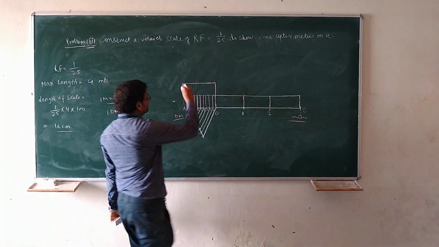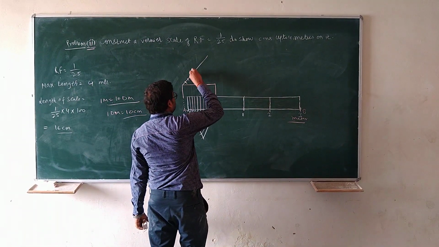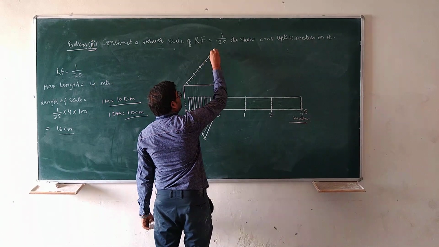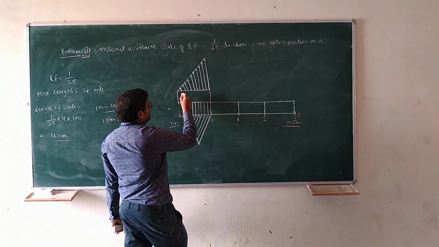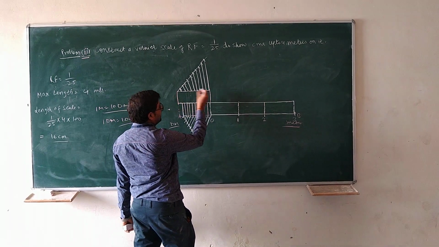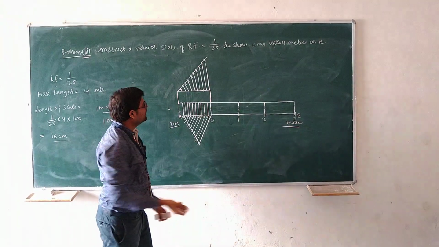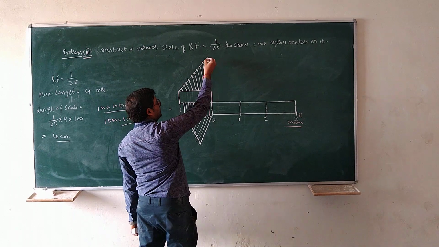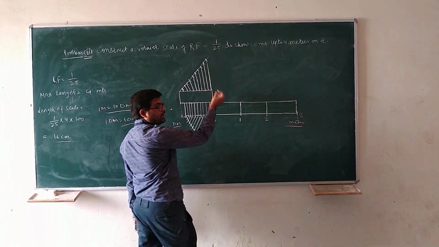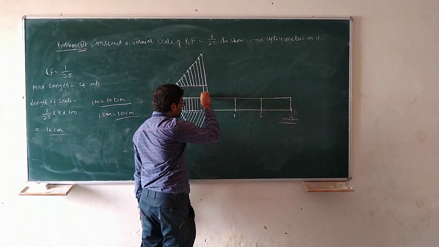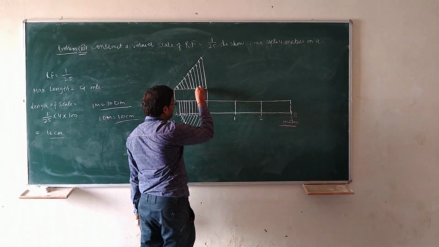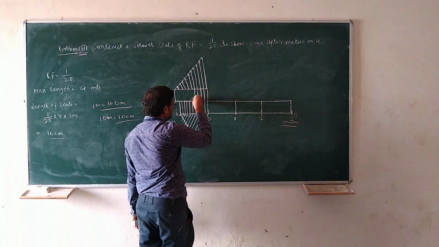By using the division method, 1, 2, 3, 4, 5. So we have to divide this length into 10 equal parts by the division method, and draw the last point to the end point, and draw the parallel lines. And after this, draw the perpendicular lines from these points.